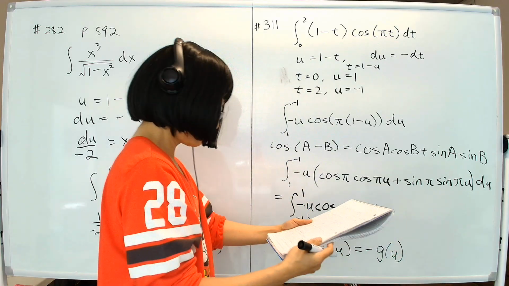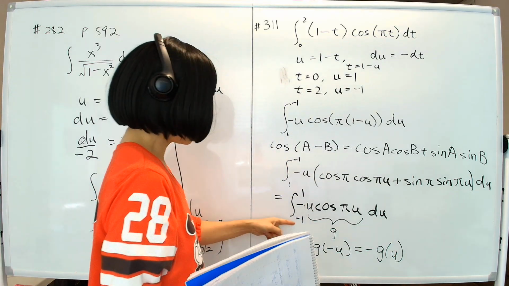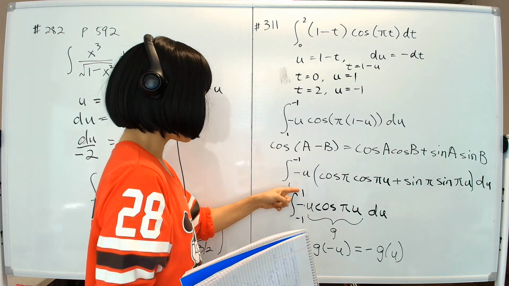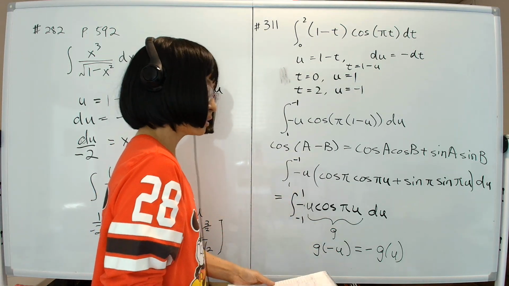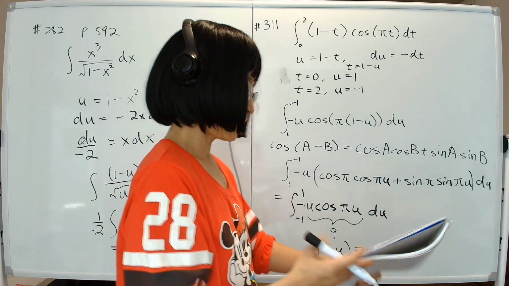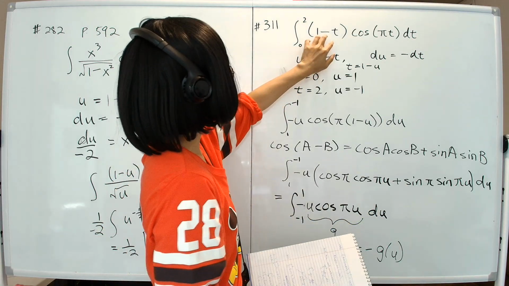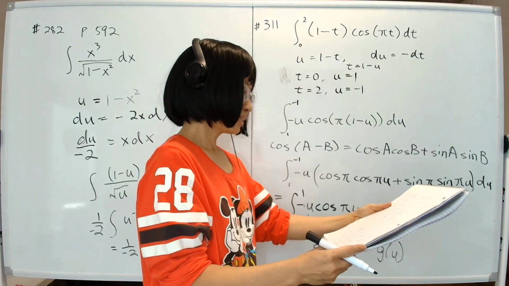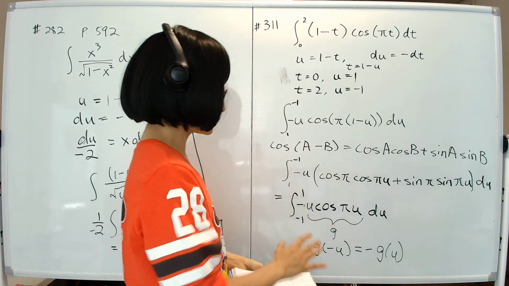And when you integrate an odd function from a negative value to the positive value, the same value, then the integral is 0, and that's the end of the proof. That's why this particular definite integral equals 0.